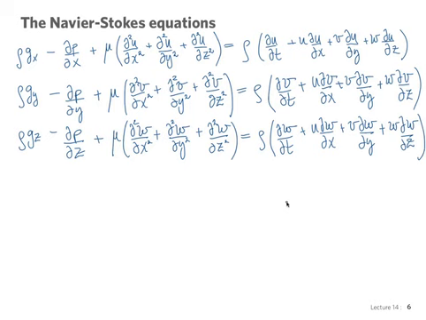It's not too bad. So these are the Navier Stokes equations, and we can also write them now in vector form. In vector form, we can write rho g, the vector of gravity, minus the gradient of pressure. You see we have dp/dx, dp/dy, dp/dz.